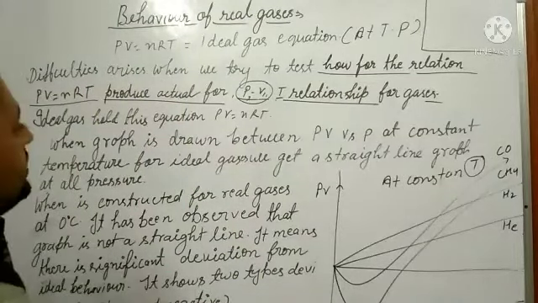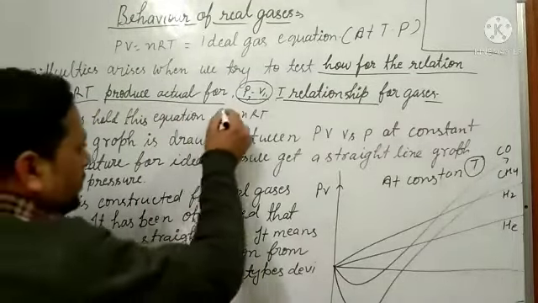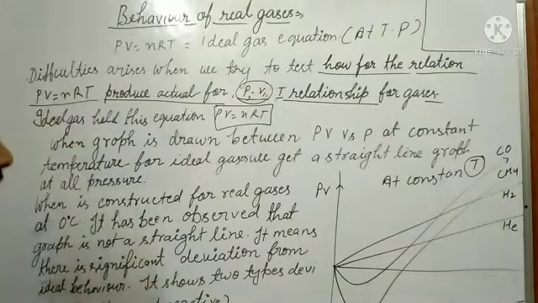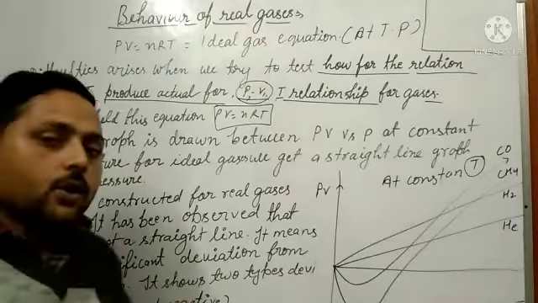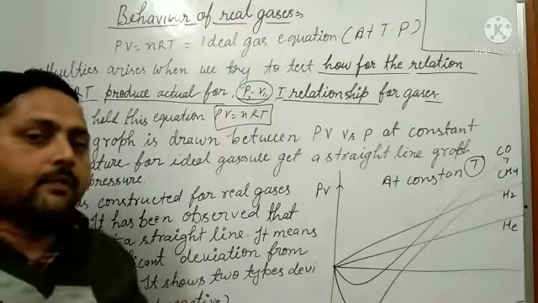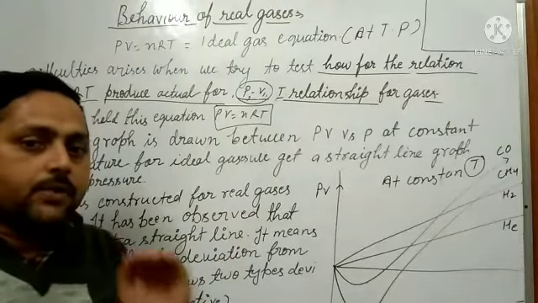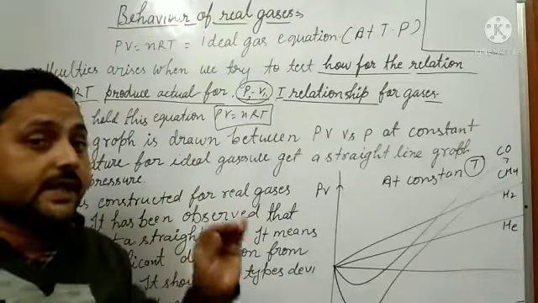Ideal gas holds this equation PV = nRT. If we want to know the behavior of real gases, to check it we have to draw different graphs.